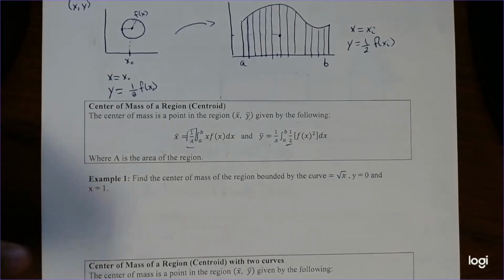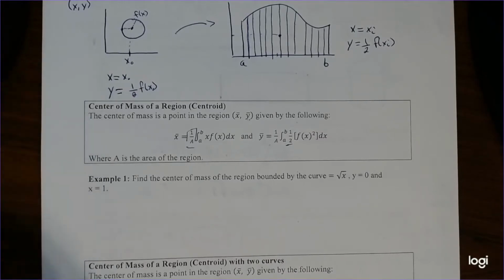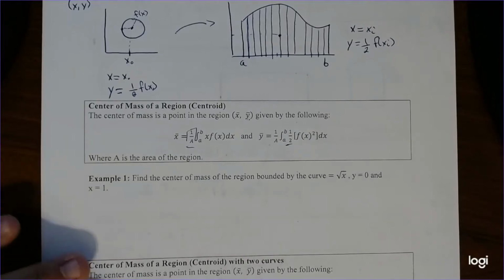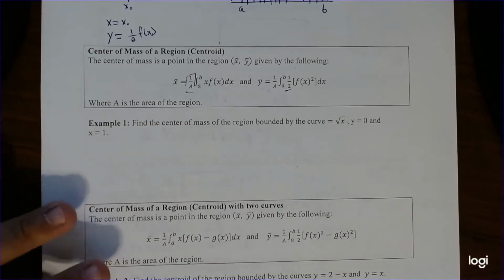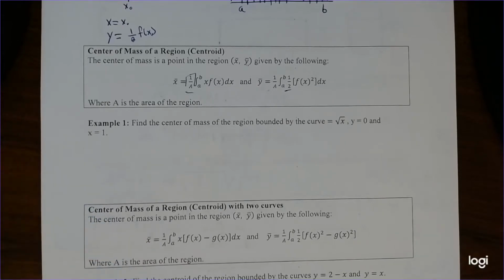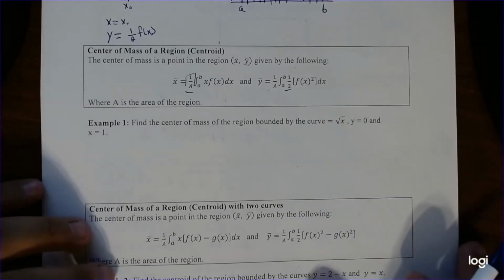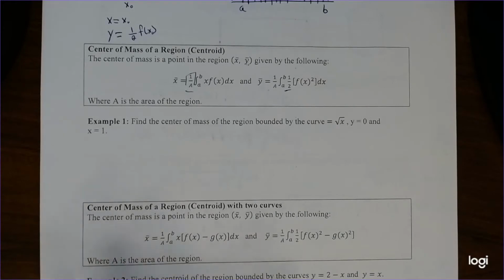Those are how we find the center of mass of any object or solid. Since we're simply in the second part of calculus, we're not going to be doing solids, but you would do the same thing. You'll do that later in multivariable calculus. For now, we're just going to do a basic region, the area itself, so no rotations or revolutions about anything.